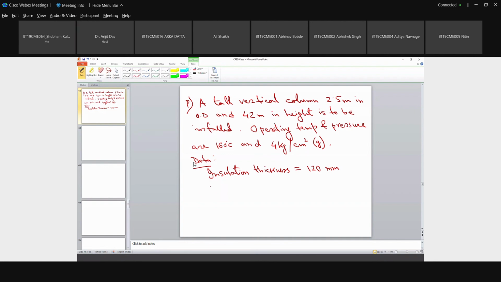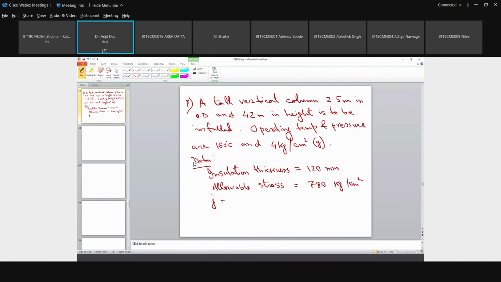Allowable stress, or permissible stress, of the shell material equal to 780 kg per centimeter square.